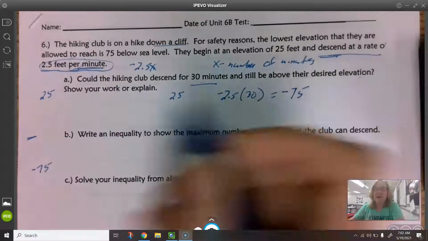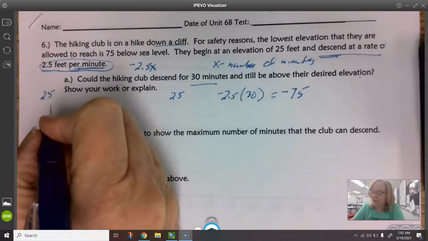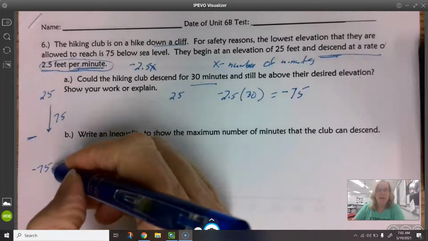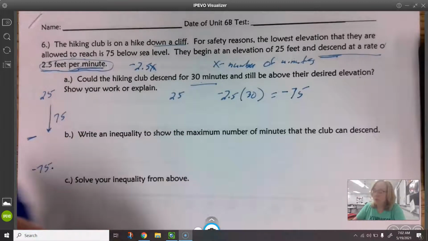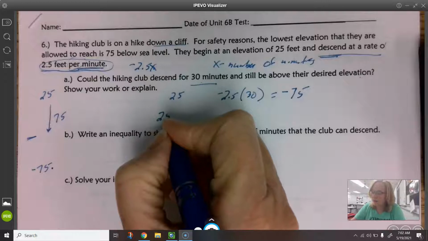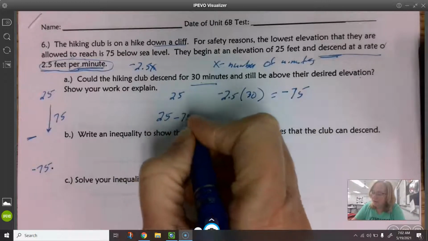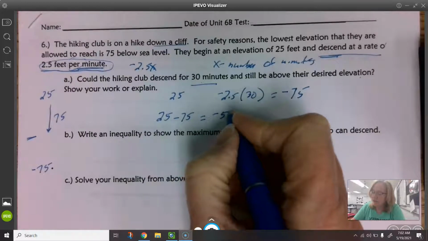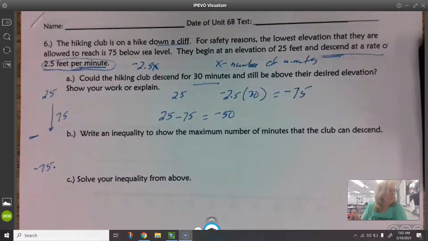If I start at 25 and I go down 75, will I still be above my limit? Yeah, because I'm going to take 25 minus 75, or plus a negative, and that gives me a negative 50, right? So are we above negative 75? We sure are. We're good.